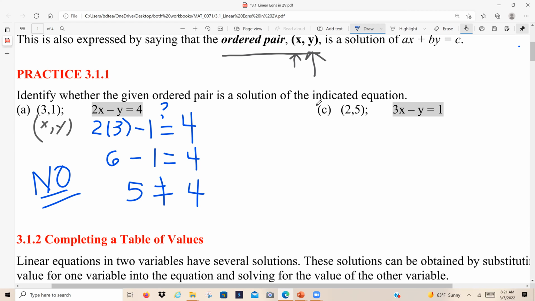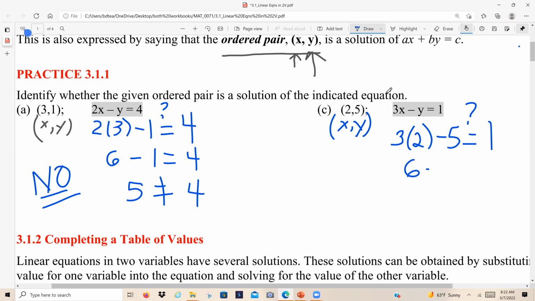If we look at C, the ordered pair is 2, 5. Again, the x coordinate is 2, the y coordinate is 5. If we do the substitution, we have 3 times 2 minus 5. Again, I'm going to put a question mark because we're checking it. Does that equal 1?